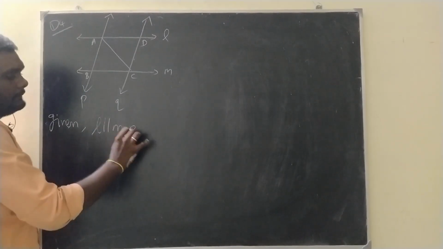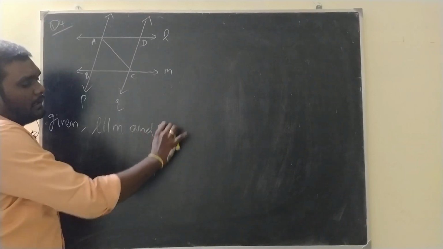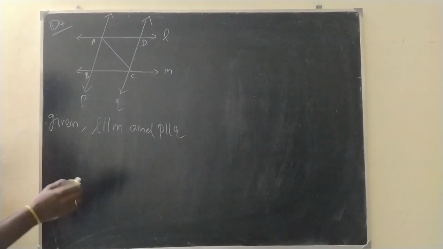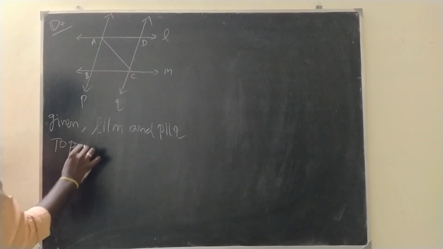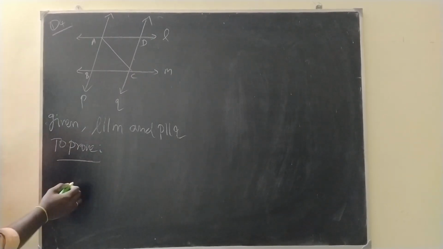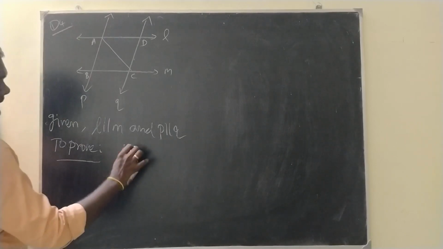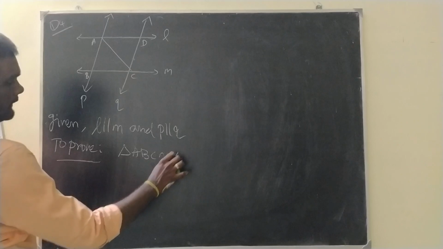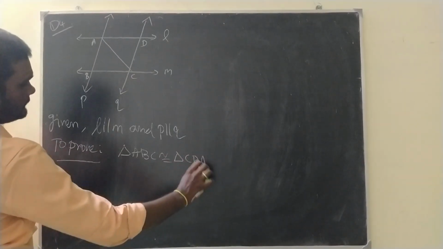L is parallel to M and P is parallel to Q are given, and apart from that nothing else is given. We need to prove triangle ABC is congruent to triangle CDA.